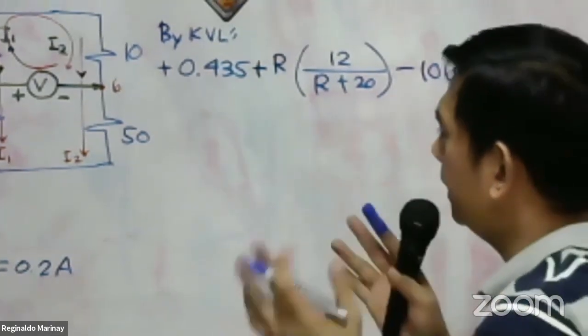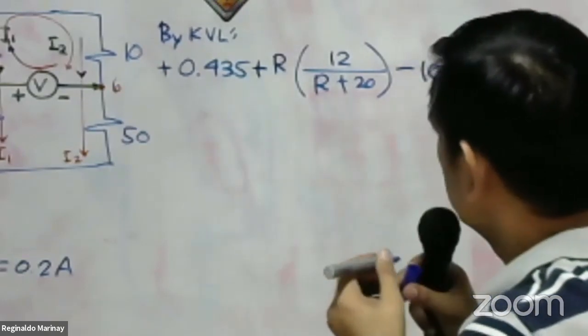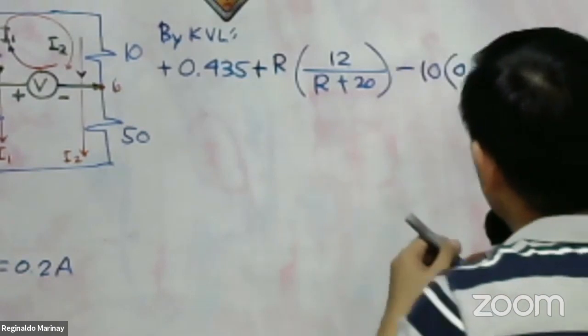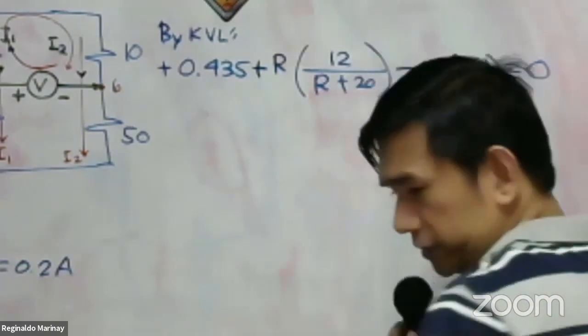Okay? Well, in our calculator, that is simply shift solve, right? It's a simple shift solve. Okay, but let us manipulate this algebraically. Let us combine.